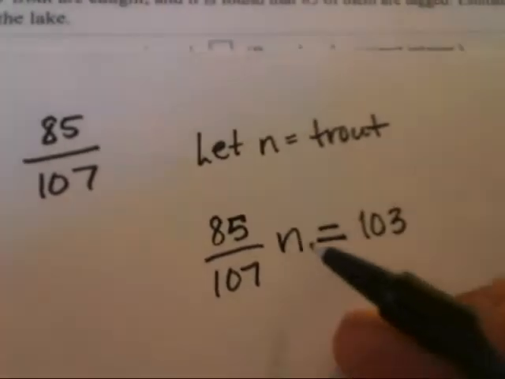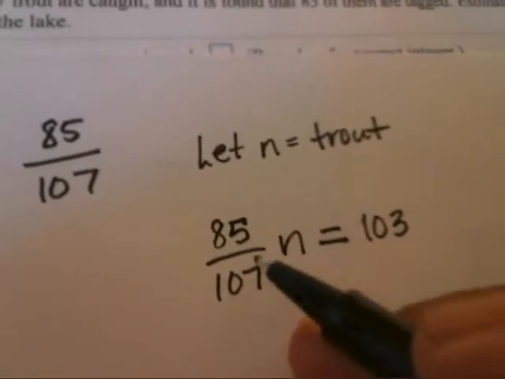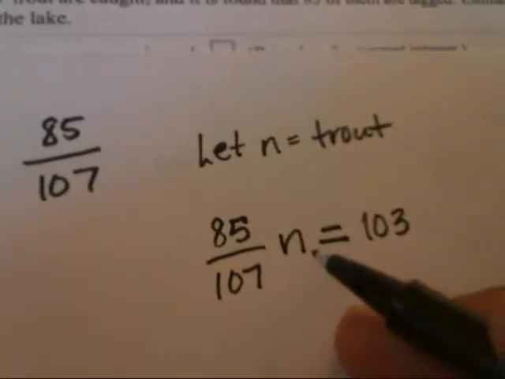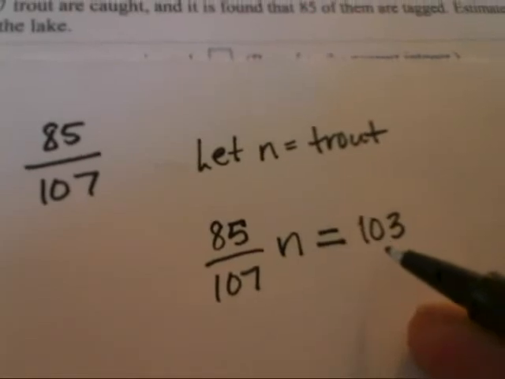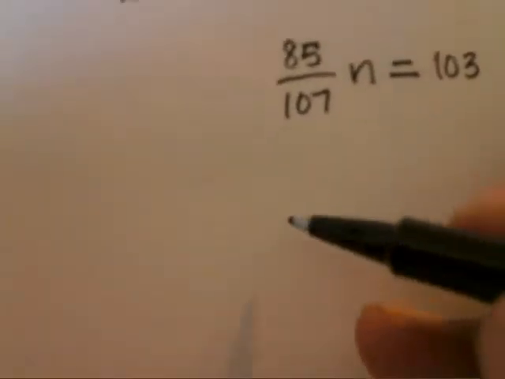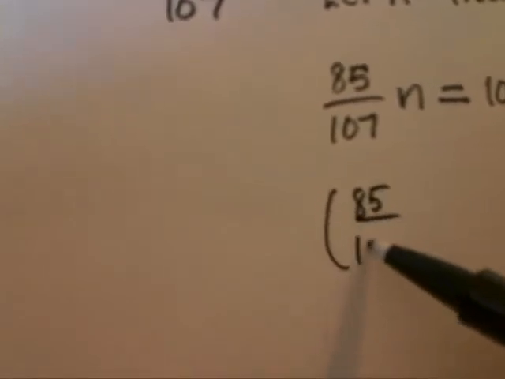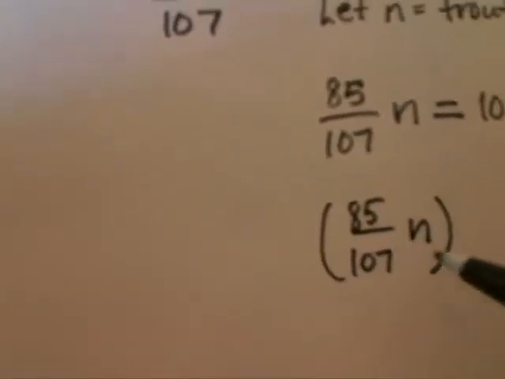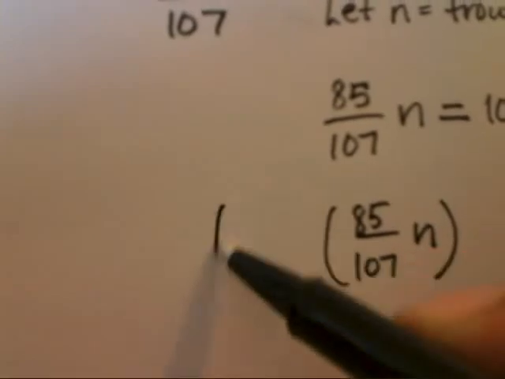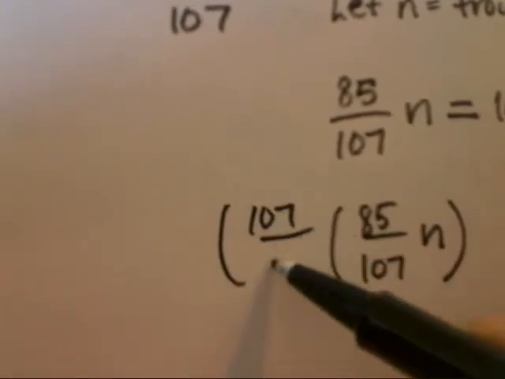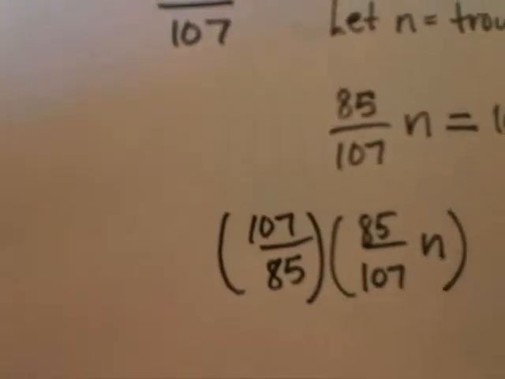So it'll be 85 over 107 times n is equal to 103. Just like I did in that problem, I have to get the n by itself by multiplying both sides by the reciprocal, which is 107 over 85.